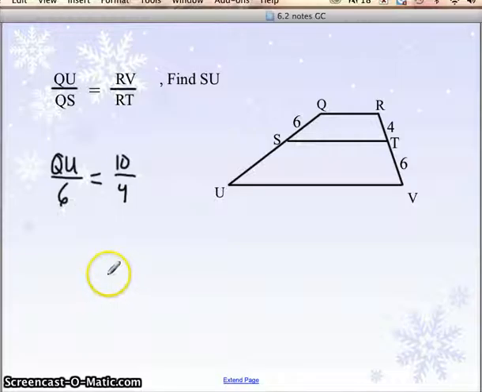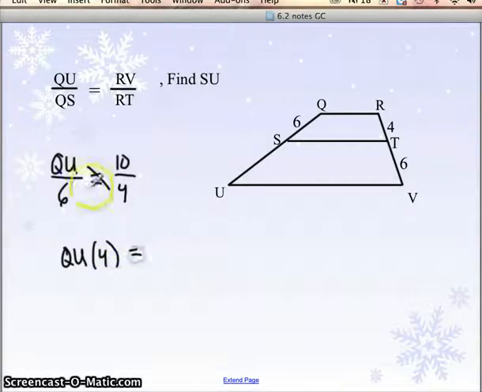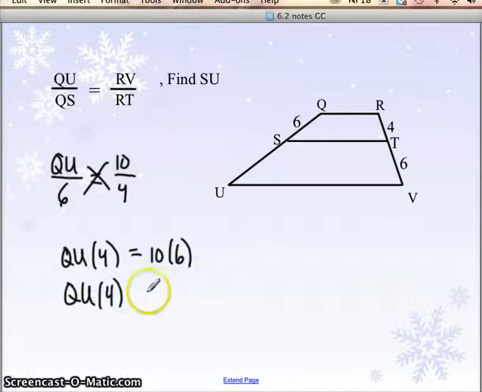Okay, now we're going to cross multiply to solve it. So QU times 4 will equal 10 times 6. So QU times 4 is going to equal 60. Then we have to divide by 4 to get QU alone.